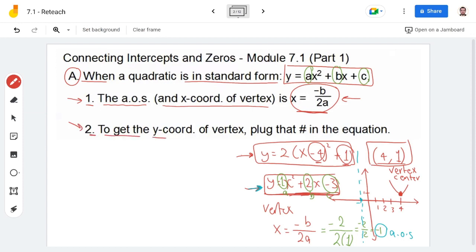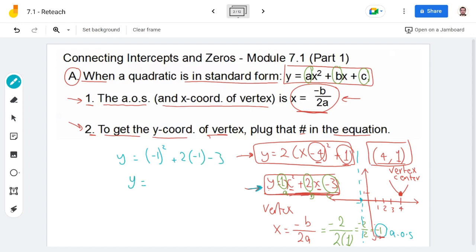To get the y coordinate of the vertex, plug that number into the equation. We found negative 1, so use this negative 1 to replace the x's here, and then you can find y. y equals negative 1 squared plus 2 times negative 1 minus 3.